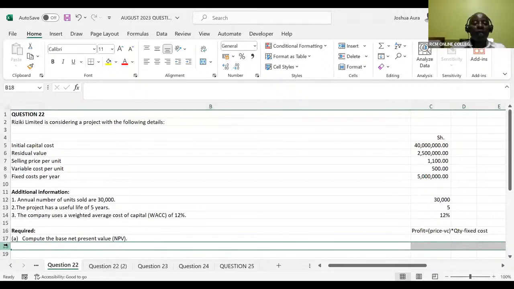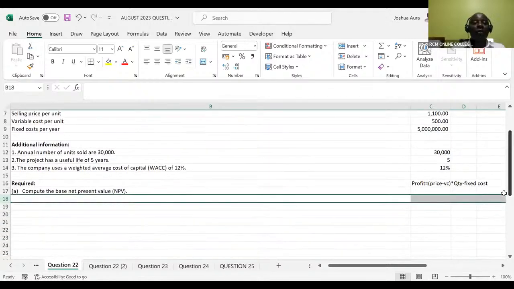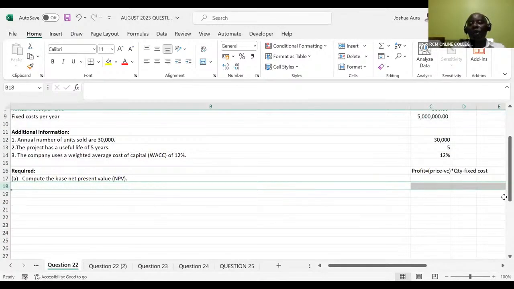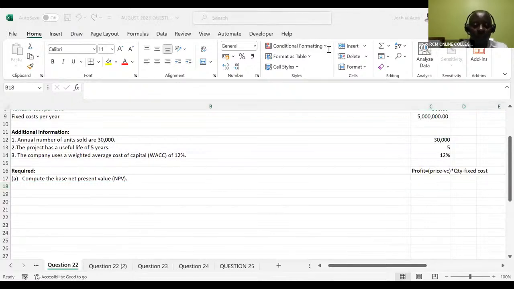What I need to do is add about 10 rows in between here. I hope we know the shortcut for adding a row. To add a new row, we use Control plus Shift.